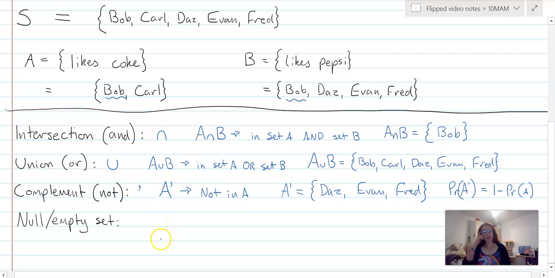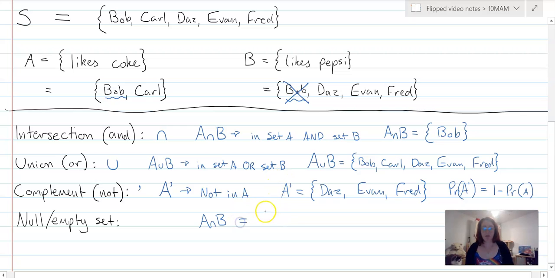Now, an empty set is when you've got nothing. You've defined a set where there's actually no element. Let's say that Bob decides he only likes Coke, so he is no longer in set B, he's only in set A. In that case, the intersection would have nothing in it, so it's just a set that is empty.